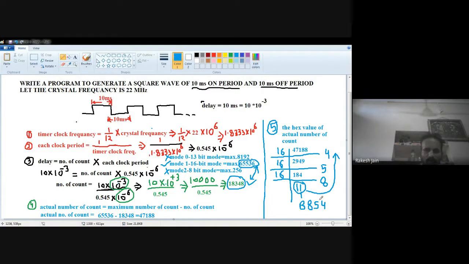So this value we have to upload in the timer register. The upper value should be uploaded in the timer upper register, that is TH. We know that in the 8051 microcontroller there are basically two timers, timer 0 and timer 1. Both are 16 bit.